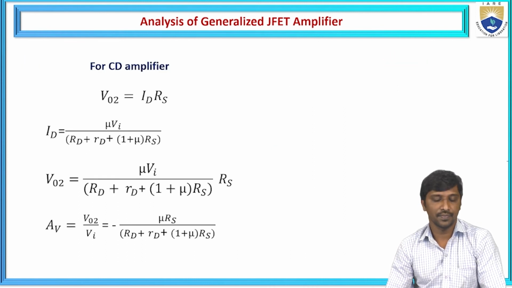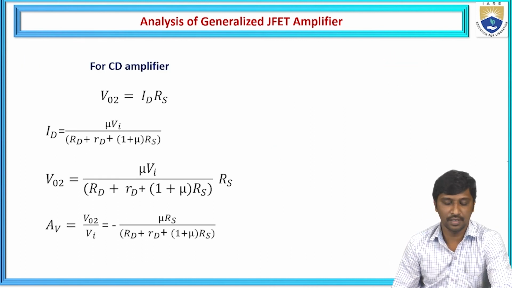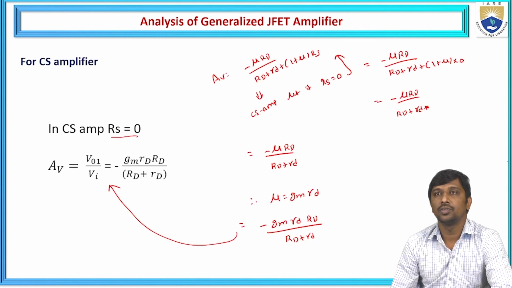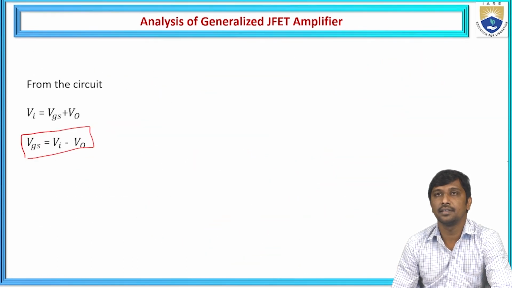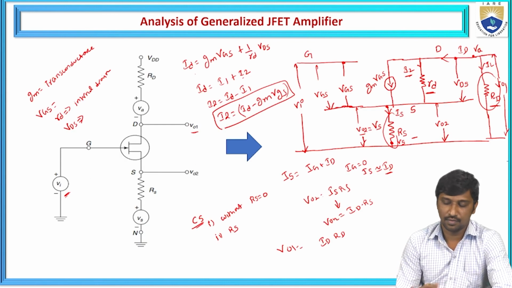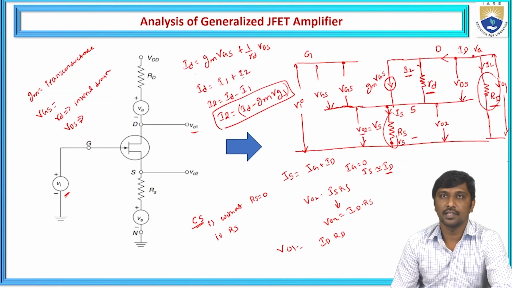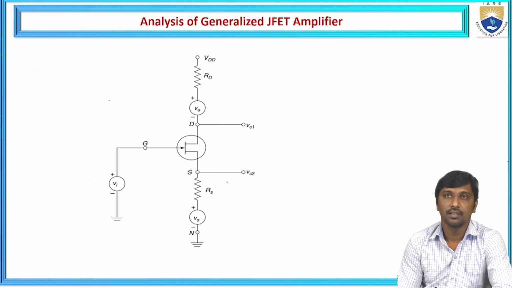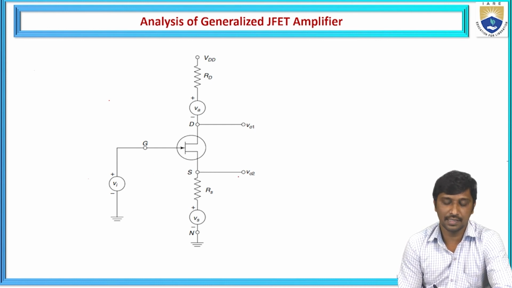Similarly, if you want to calculate for a common drain amplifier, let us consider this generalized model. For a common drain amplifier, the input is passing through the gate, but the output is measured across the source, represented as VO2.